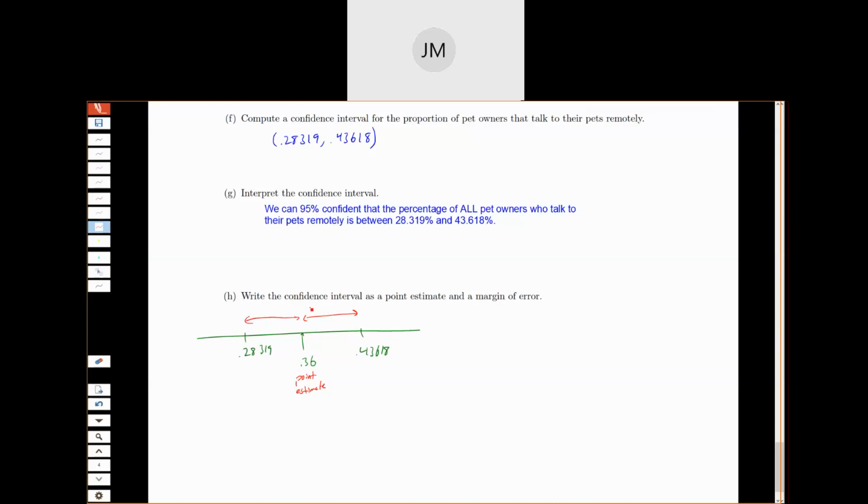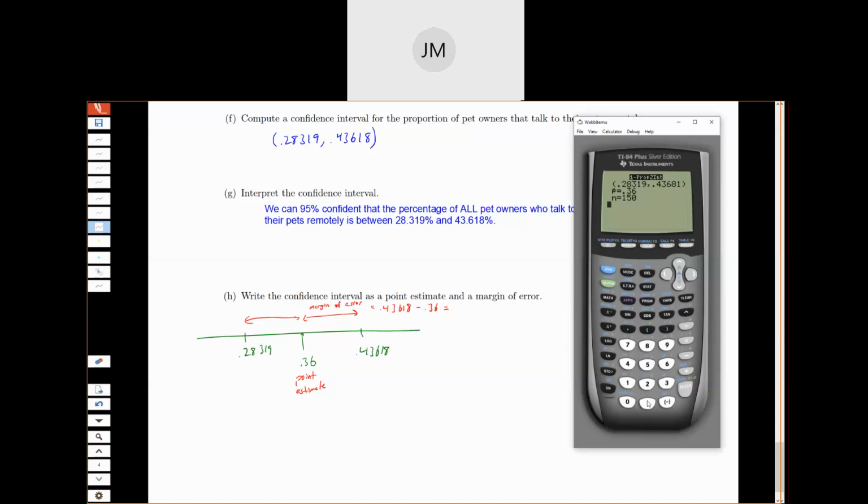This distance is the margin of error. So if I want to compute that, I just subtract these: 0.43618 minus 0.36. So I can see the margin of error is 0.07618.